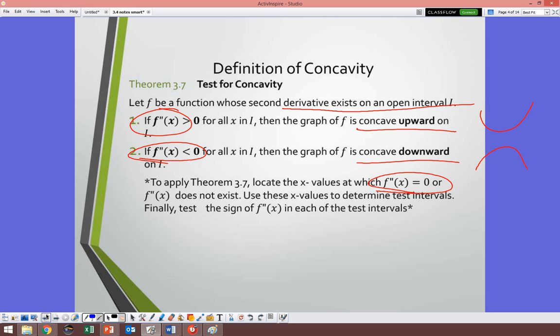The second derivative is greater than 0, so that means positive numbers. It's going to be concave upward. So think of greater than 0 as up, less than 0 as down. It's the opposite of what we're writing. Okay?